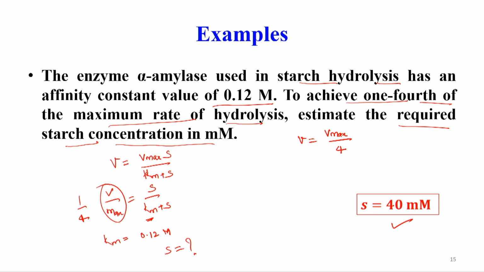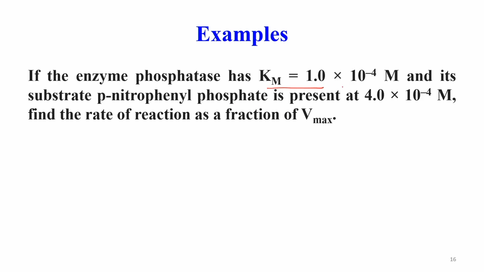It says if the enzyme phosphatase has a Km value of 1 into 10 to the power minus 4 mole, its substrate P-nitrophenol phosphate is present at 4 into 10 to the power minus 4 mole, then find the rate of reaction as a fraction of Vmax.